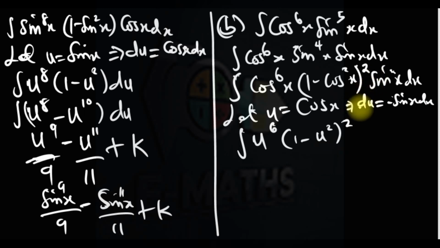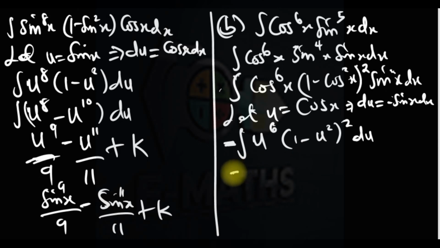But if you notice, there is no negative here, so I can negate this and counter it with the negative outside. So I now have negative because of the derivative. And this is now du, because negative, negative is positive, so minus sine x dx is now du. You see the negative sign.